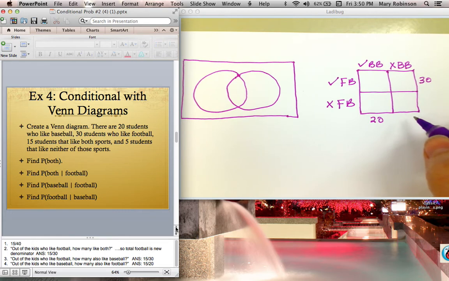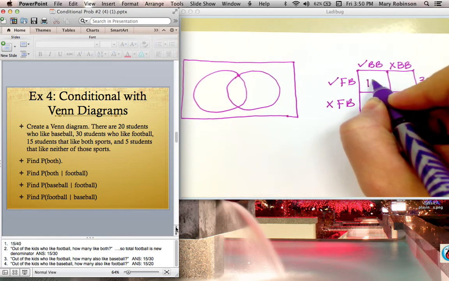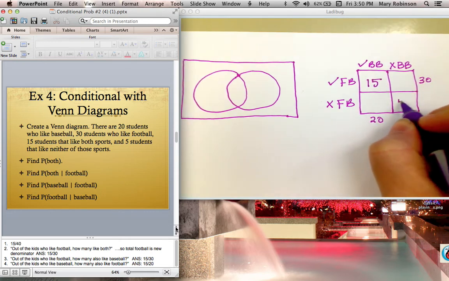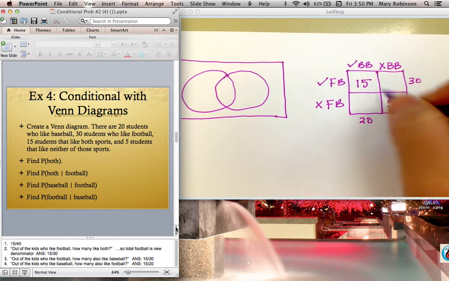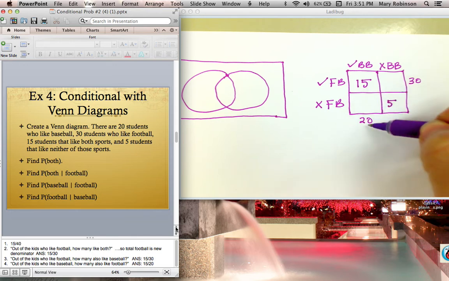15 students like both sports, so baseball and football. And it says there are 5 students that like neither. They don't like either one. Well, now we can just think algebraically about how to find our missing number. So 15 plus what equals 20, and that's 5. Horizontally, 15 plus blank equals 30.